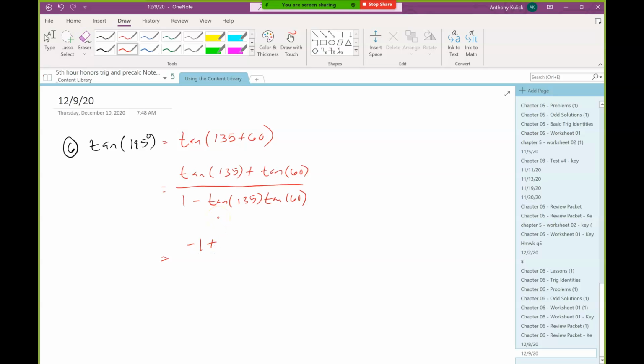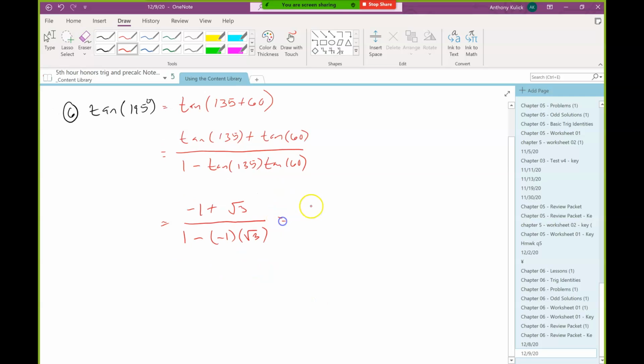And then if I go to my unit circle, I can look up tangent of 60, which is, again, y over x, so it's root 3 over 2 divided by a half, which is just root 3. And then negative 1, and then root 3 here. So that gives me this.